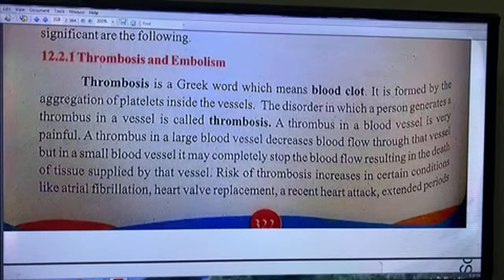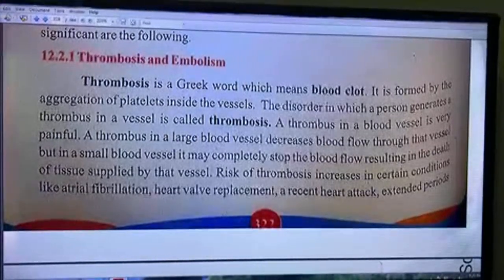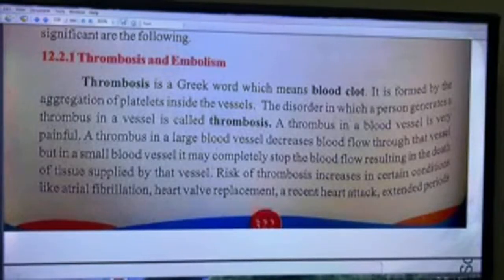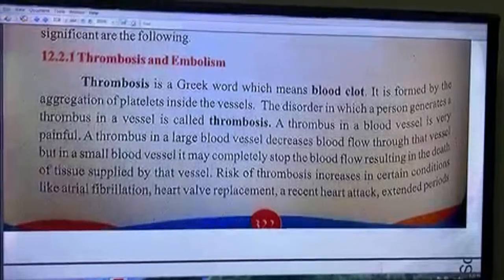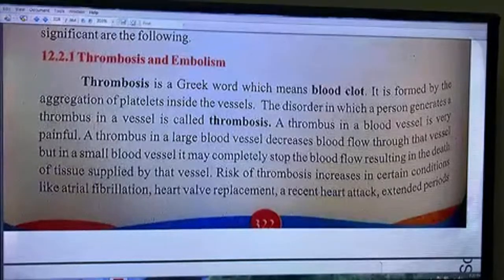A thrombus in a blood vessel is very painful. A thrombus in a large blood vessel decreases blood flow through that vessel, but in a small blood vessel, it may completely stop the blood flow, resulting in the death of tissue supplied by that vessel. Risk of thrombosis increases in certain conditions like atrial fibrillation, heart valve replacement, a recent heart attack, and extended periods of immobility.